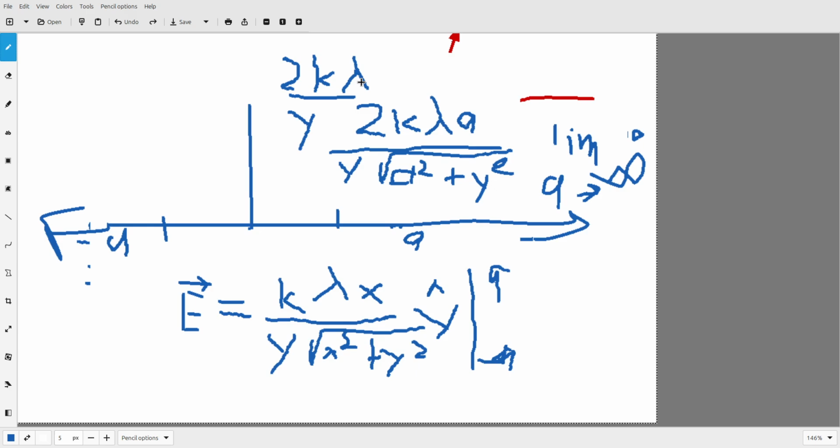Lambda is coulombs per meter. So those units make sense, and this is what happens as we go to infinity.